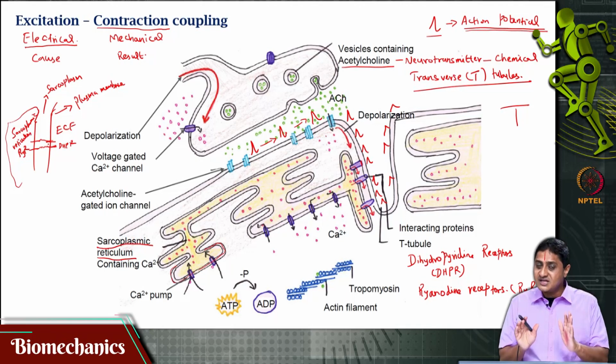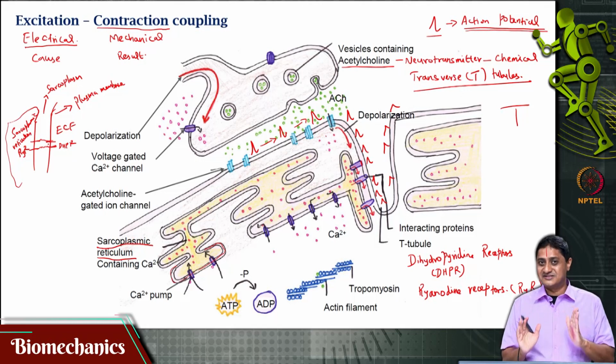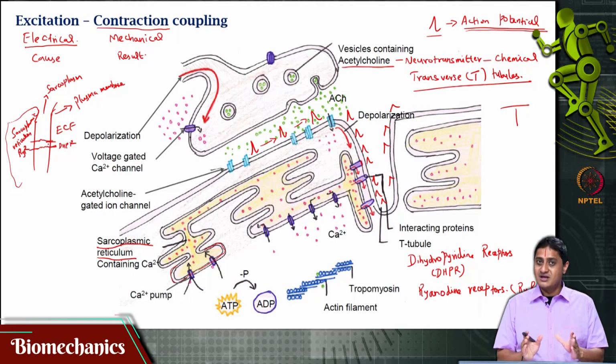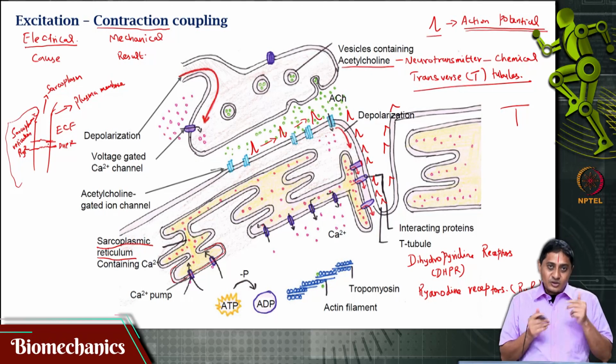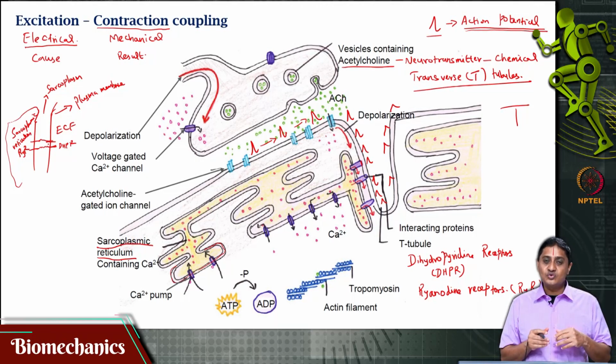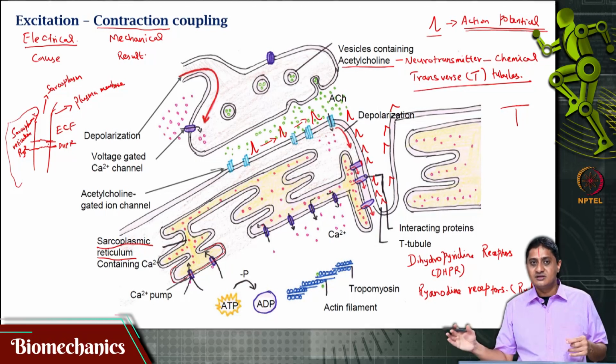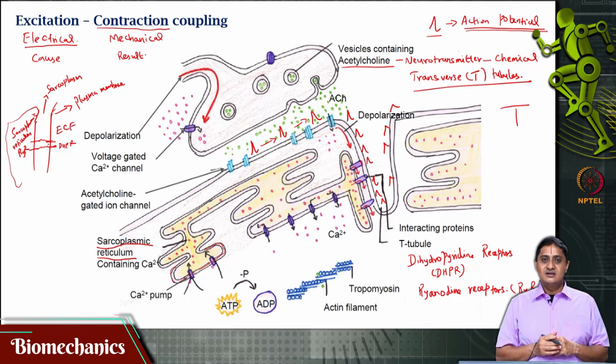Remember, both of these are within the same muscle cell. When the sarcoplasmic reticulum opens, because the concentration gradient is so huge, a lot of calcium leaves the sarcoplasmic reticulum into the sarcoplasm.